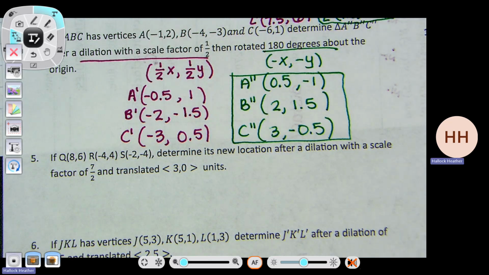This is getting really big. 7/2 is technically 3.5. So it's getting 3.5 times the size.